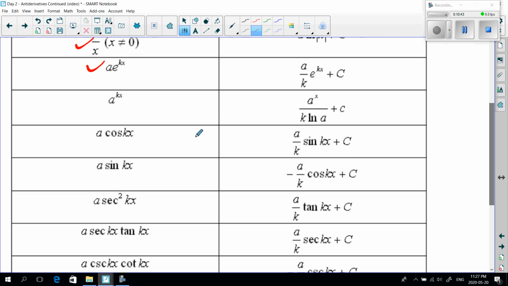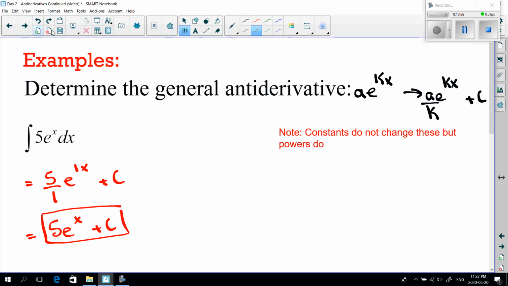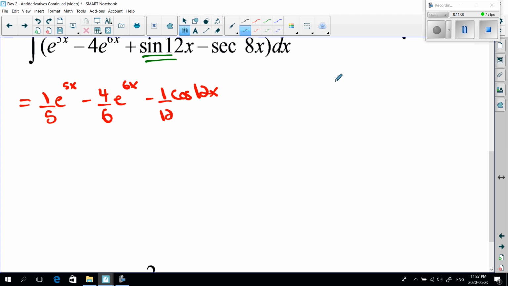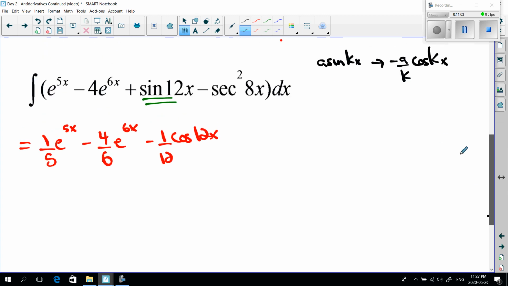So we've got this one, now we've got this one. A secant squared kx is equal to a over k tangent kx. So a secant squared kx is equal to a over k tangent kx.